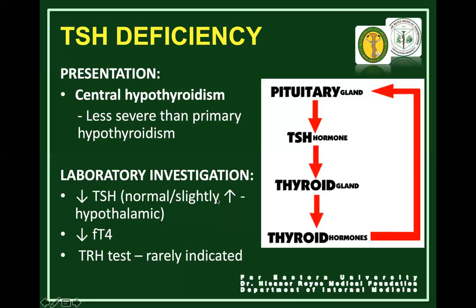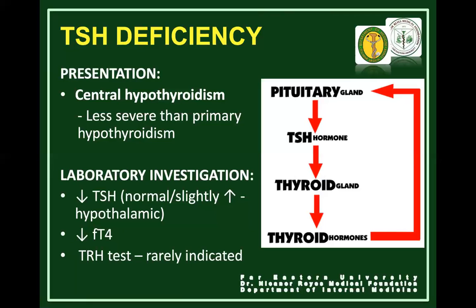So it tries to stimulate. That's why sometimes you get this TSH in the early phases slightly elevated. But in the long run, you can have a normal or a low TSH. And the FT4 is low.